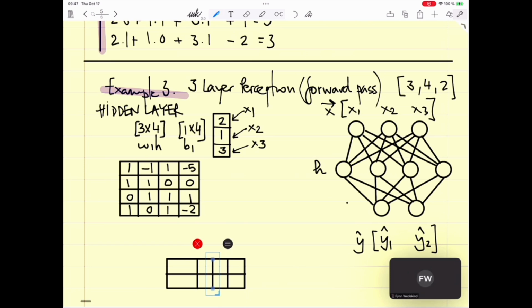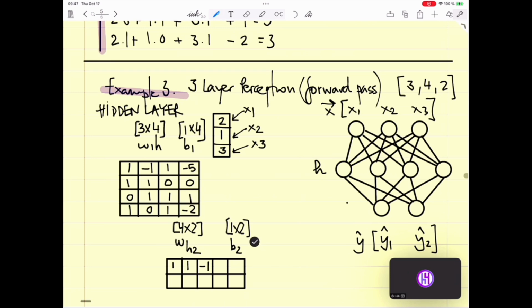For 2. Yes. Very well. So our weight matrix H2 has dimensions 4 times 2. Our bias 2 has dimensions 1 times 2. Okay, and here we need again some numbers.